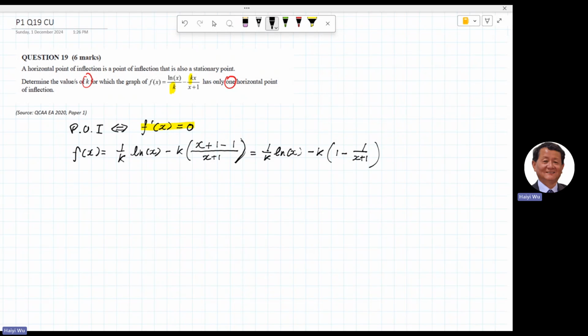Because those two are the same, x divided by x plus 1 becomes 1 minus 1 over x plus 1.